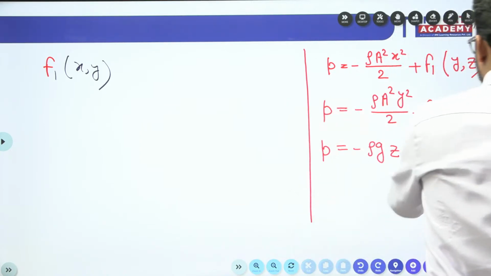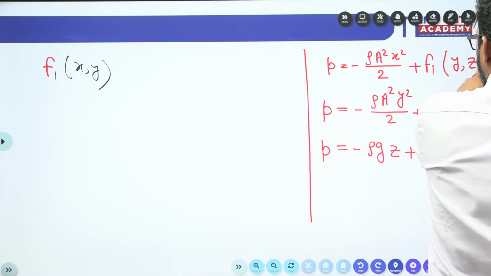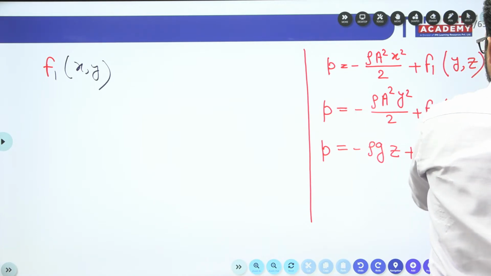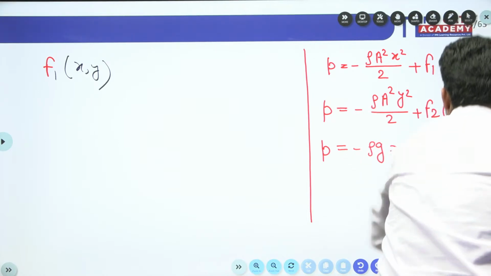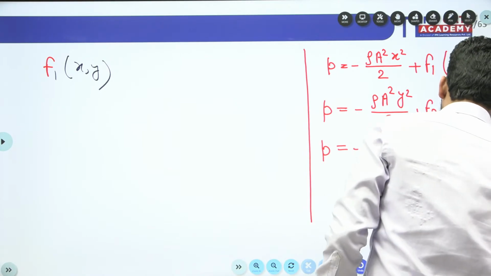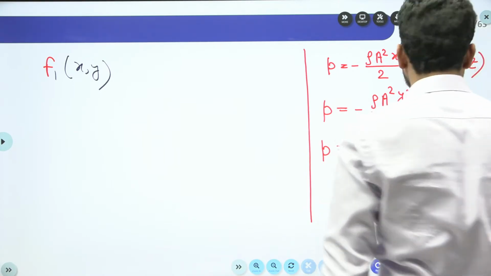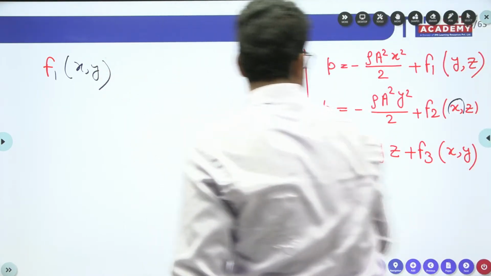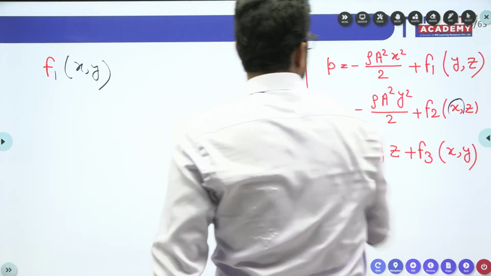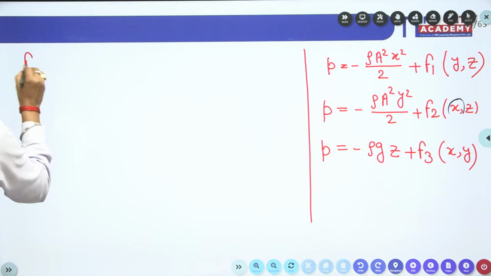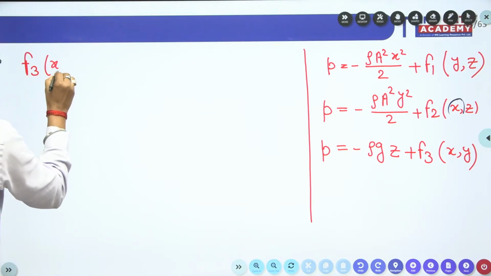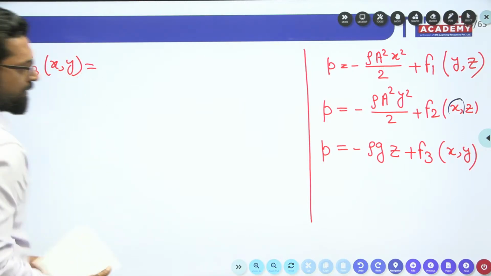So you have to find YZ. And this is your Z. Now you find XY. If you find XY, that means F3. F3 XY. What is F3 XY?